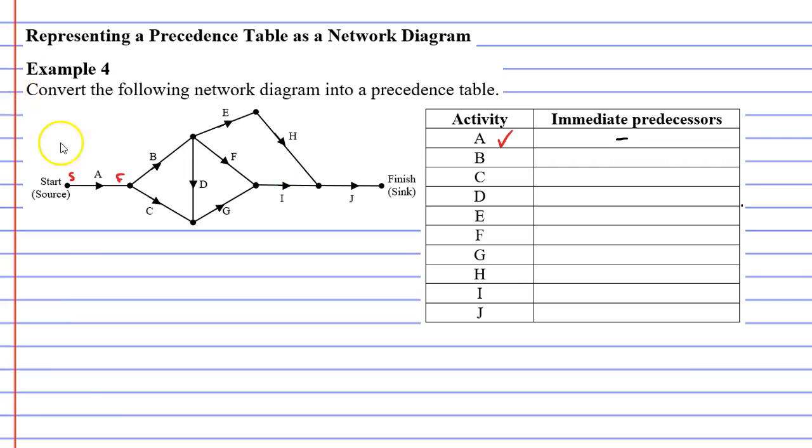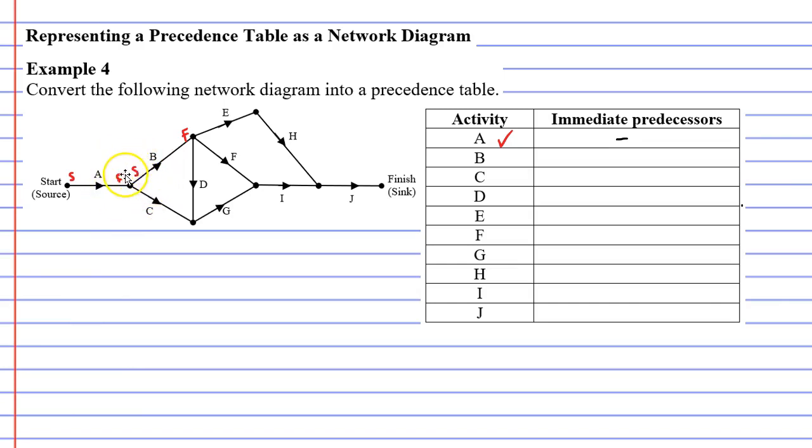Let's now look at activity B. Once again, activity B has a start and a finish vertex. So at the left, we've got the start, and at the right, we have the finish of activity B. As before, we look at the starting vertex to find any immediate predecessors.